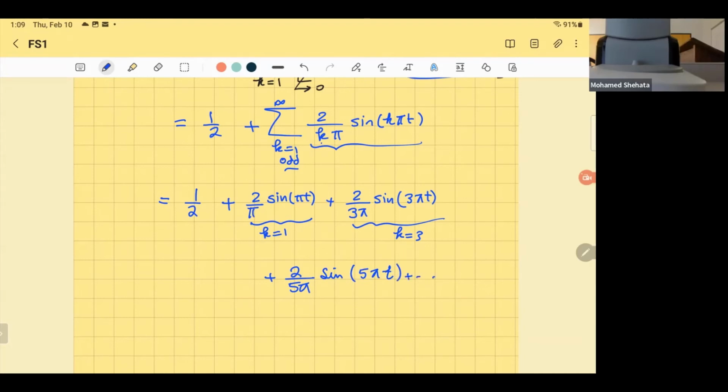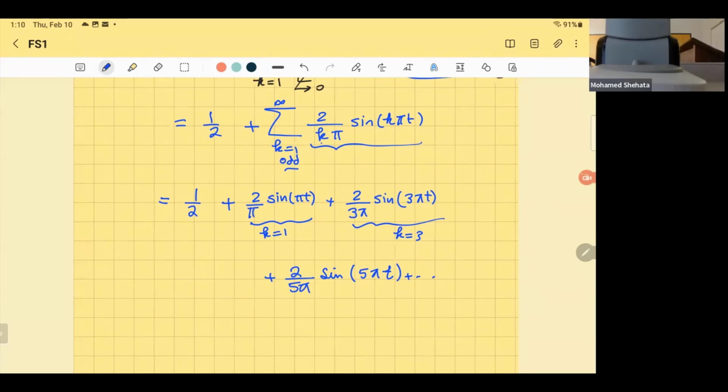You can put 7 also if you like, but let me stop here. So that's the way you are going to express the periodic function. You can go up to 10, whatever you like. It depends on the amplitude. And look at the maximum amplitude, 2 over pi.